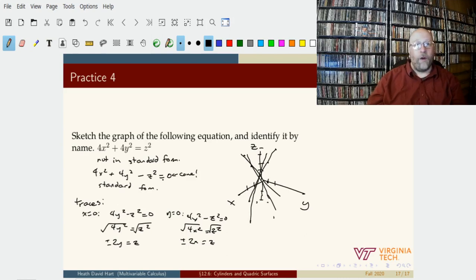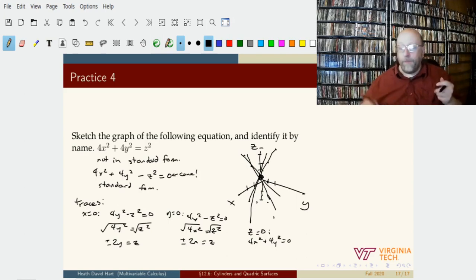So then let's look at what happens when z is equal to 0. When z is equal to 0, we get 4x squared plus 4y squared equals 0. That's just a dot at the very center. It's an ellipse with a radius of 0.